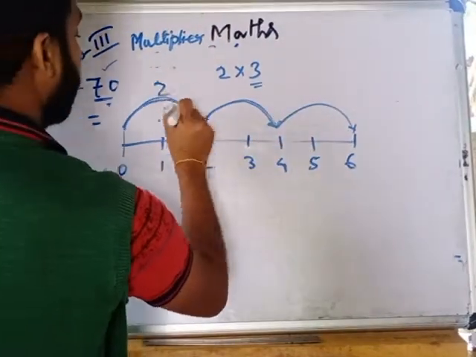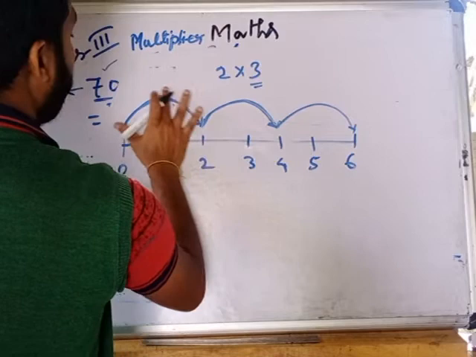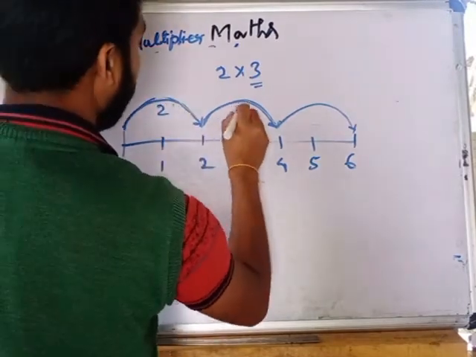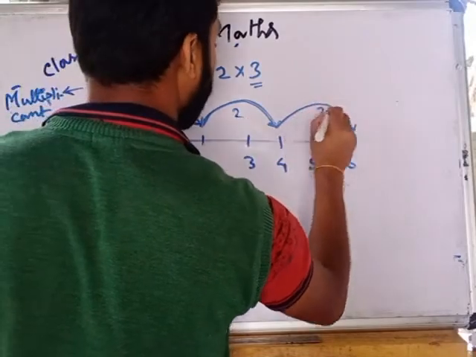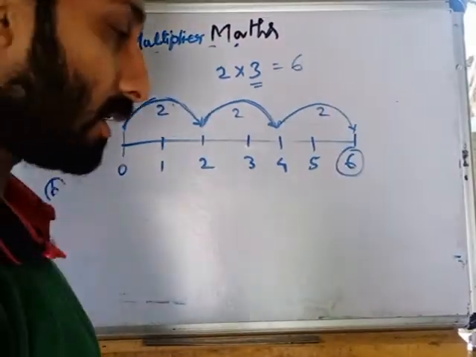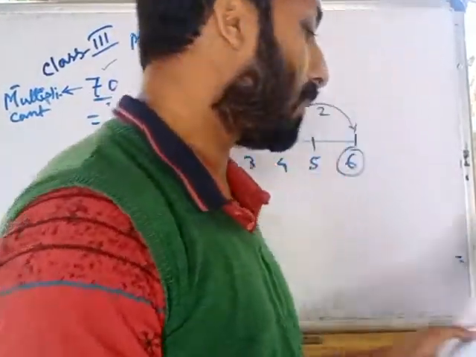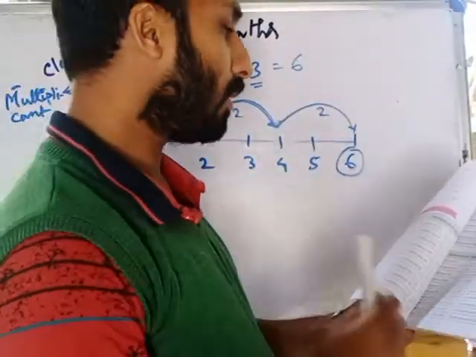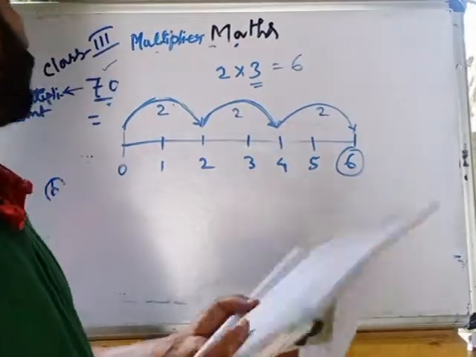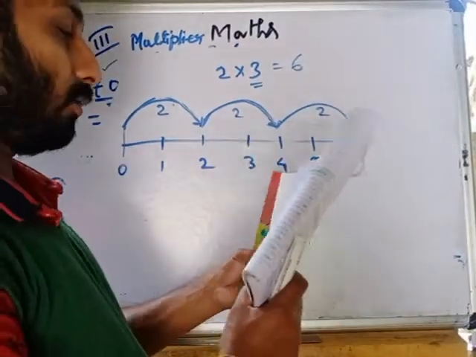That means each and every skip by the counting of 2, 2, 2, that is 6. That is also called skip counting. With skip counting, we will know how to do multiplication.